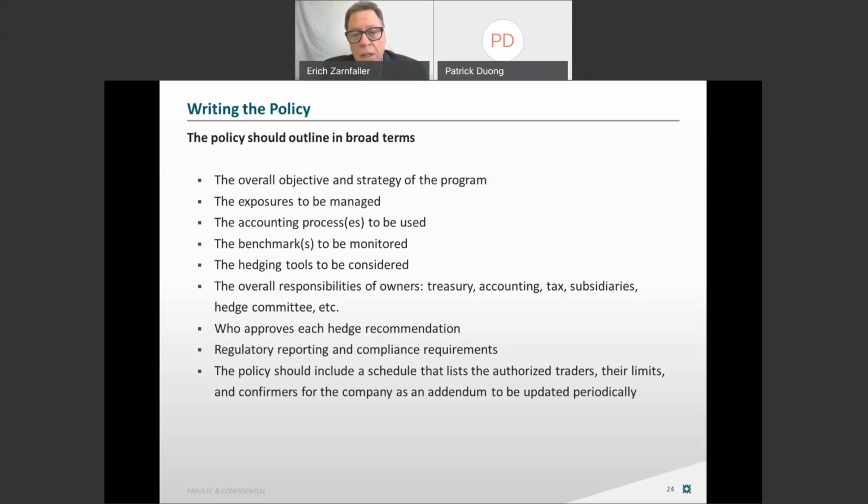The importance of this item is that if there is a sudden change in the exposures or in the market, like the pandemic or let's say Brexit, Treasury needs to be able to act quickly, which means the approvers need to be available to review hedge recommendations. How many times have exposures changed or there is a move in the market advantageous against benchmarks and no approval could be obtained in time and the opportunity was lost?